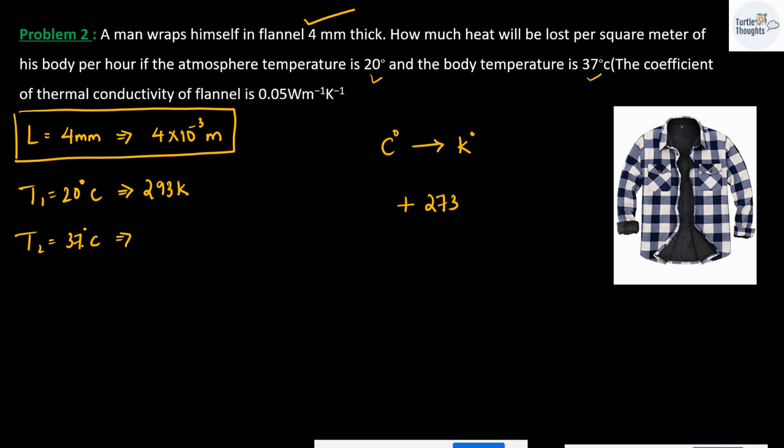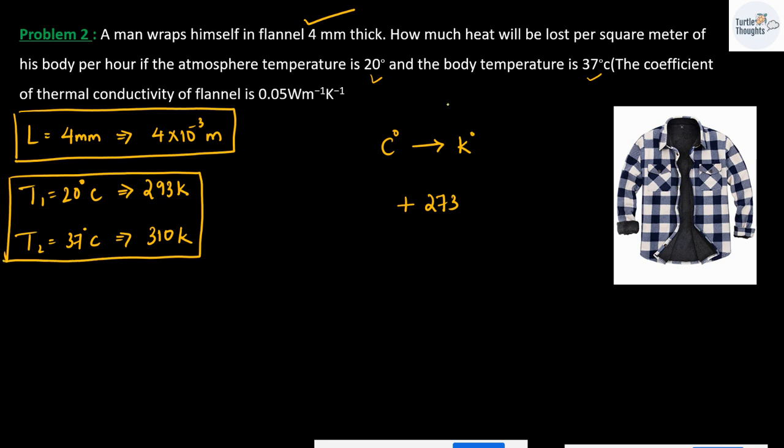If I add 37 to 273, what will be the answer? 320 or 310? What is the value you'll be getting? It is going to be 310 Kelvin, right? So I have got the values of T1 and T2 as well.